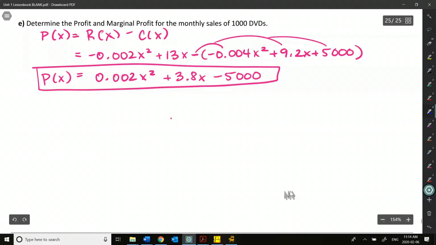The question asks us to evaluate profit when 1,000 DVDs are sold.